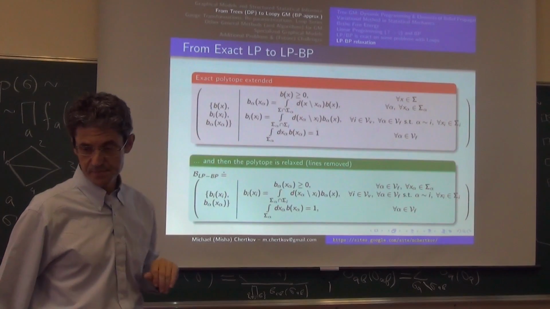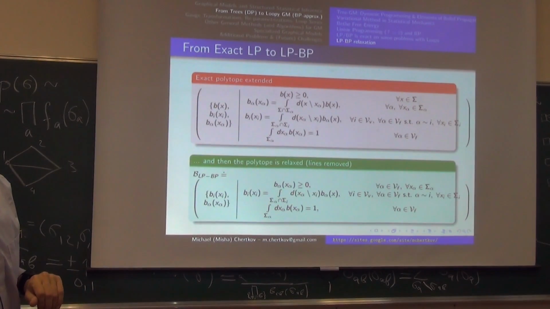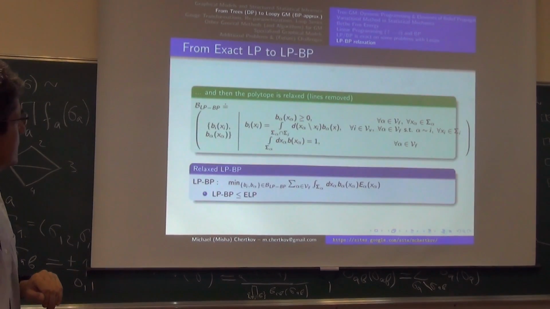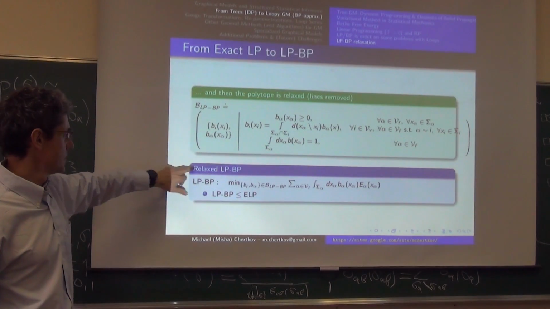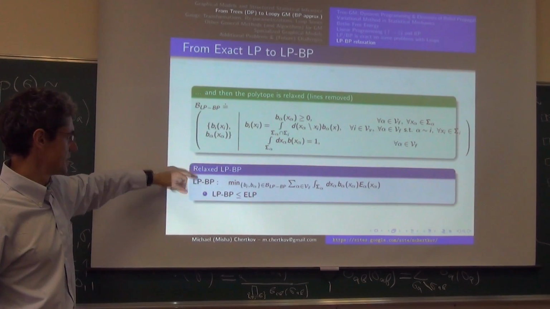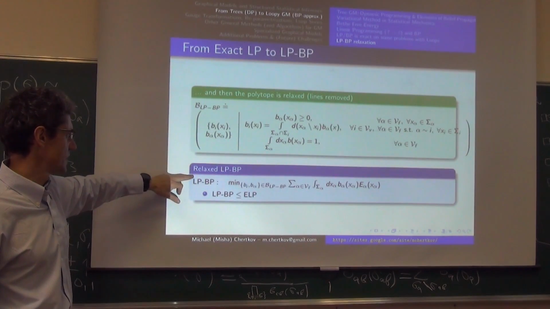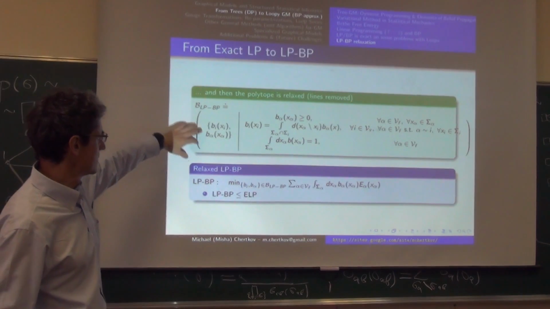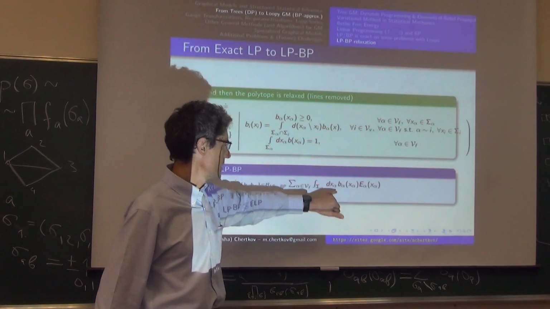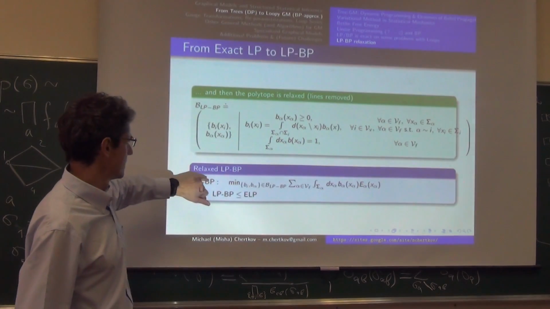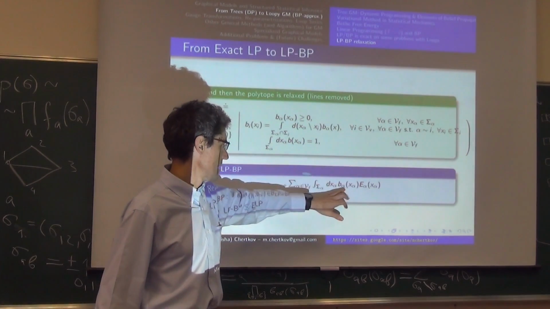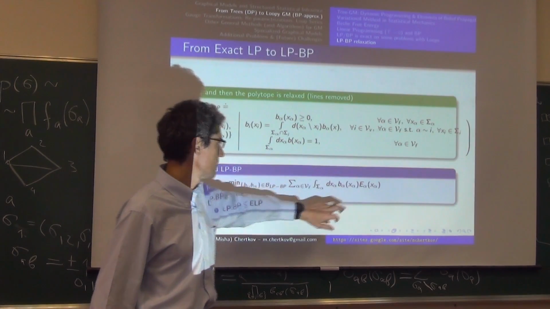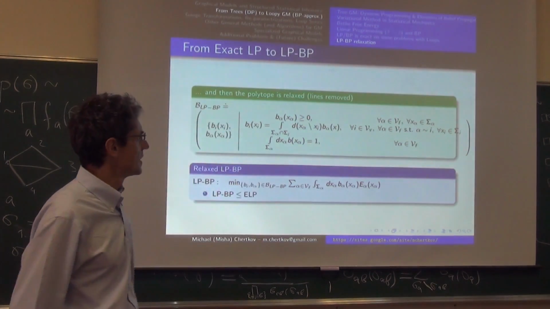And okay, end result is that I'm getting this LPBP, and it's the relaxation of the exact one. And so I have again linear programming, which is much smaller. So why linear programming? Because it's still a linear functional and I have linear constraints.